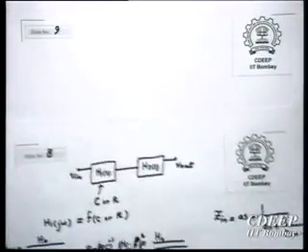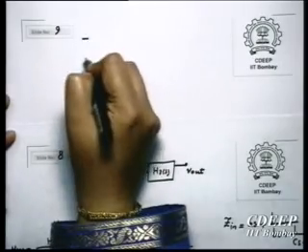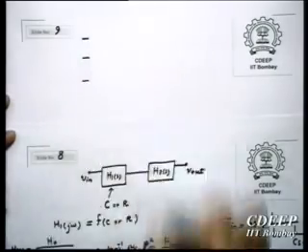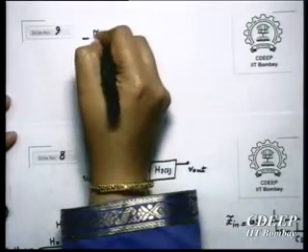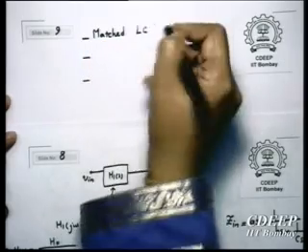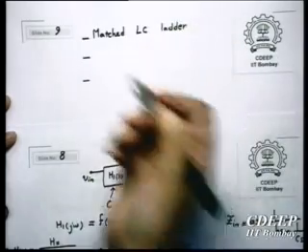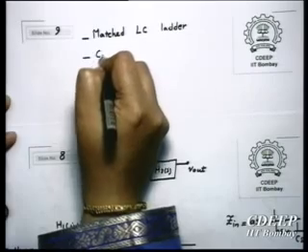However, if we have a cascade, now it can be shown that, therefore, I can write in order of changing sensitivity: first, matched LC ladder. Second will be cascade of biquads.